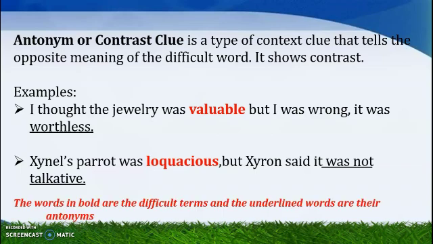The words in bold are the difficult terms or the unfamiliar words, and the underlined words are their antonym or their opposite meaning. For example, in here, the unfamiliar word is valuable, and the opposite meaning of the word valuable is worthless, no value.